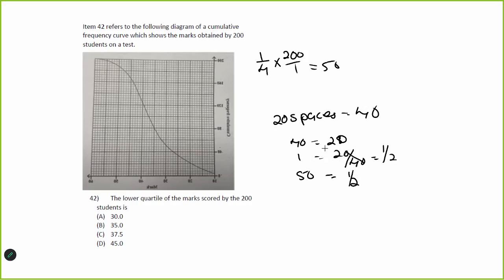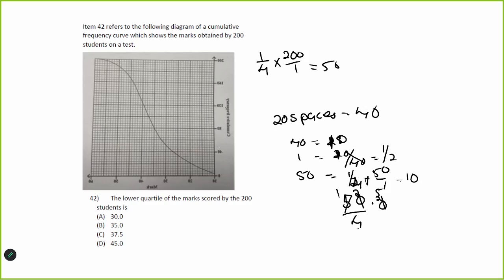If 40 is 20 spaces, no, it's 10 spaces. That's a quarter. So a quarter of 50: hold on, 50 divided by 4. 4 into 5 is 1, remainder 1. 4 into 10 is 2, remainder 2. So it is 12.5.